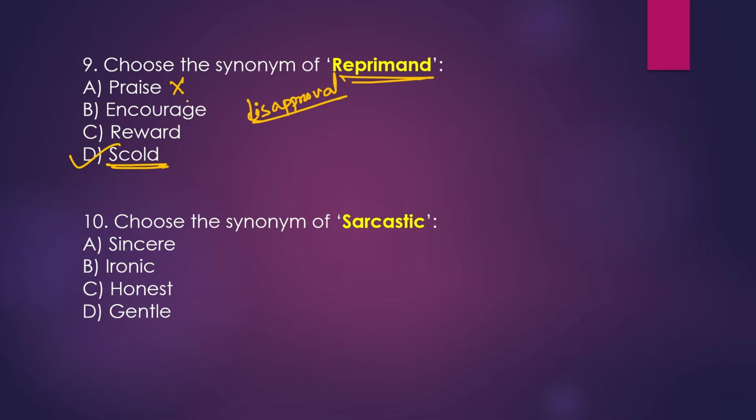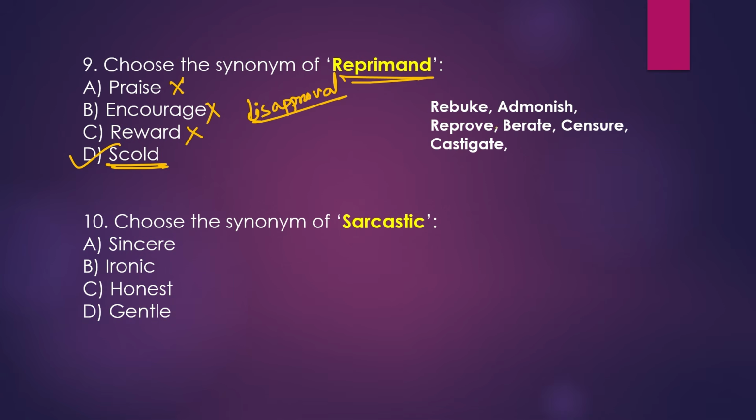Look, praise, encourage and reward, these are not synonymous words, they are totally antonymous words. That's why we have to eliminate. Extra synonyms like rebuke, admonish, reprove, berate, censure, this one is a very important word. Okay, censure and castigate. Castigate is a very important word. Okay, so you have to remember the word castigate. Understand? Good.